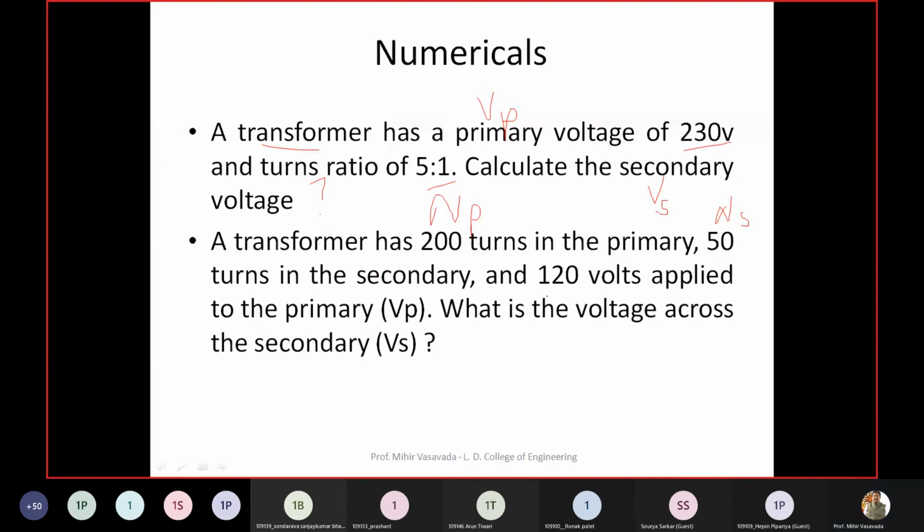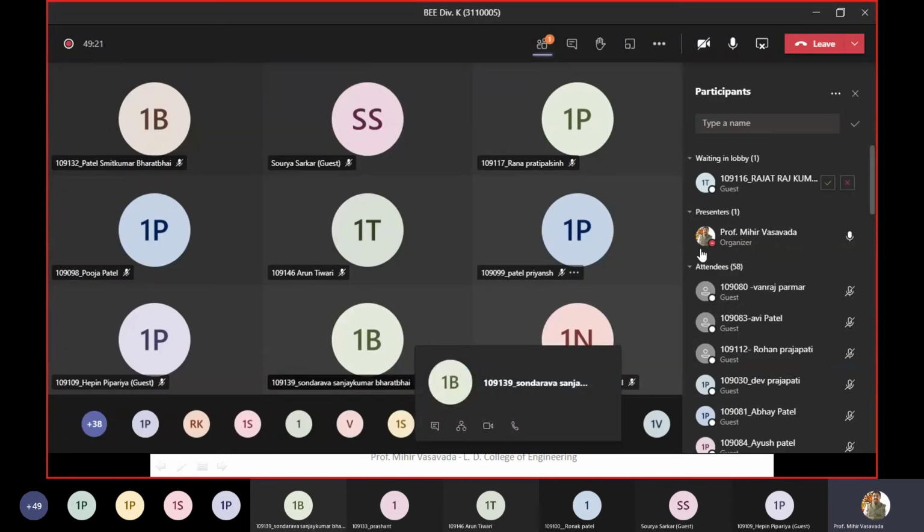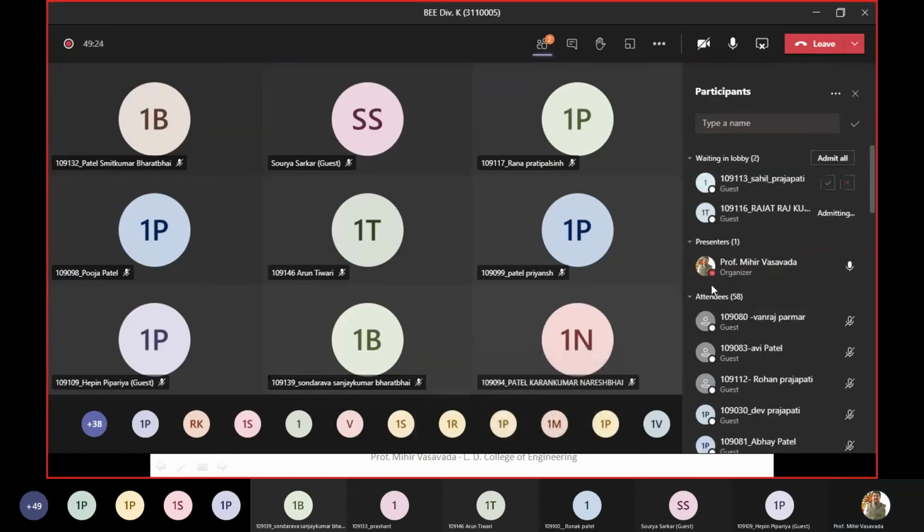This is the applied primary voltage, so this is VP, and find out the VS. How much? 30 volt. Very good. Because the turns ratio is 4 here, 200 by 50 is 4, and 120 by 4 gives you 30. 30 is right. Correct.